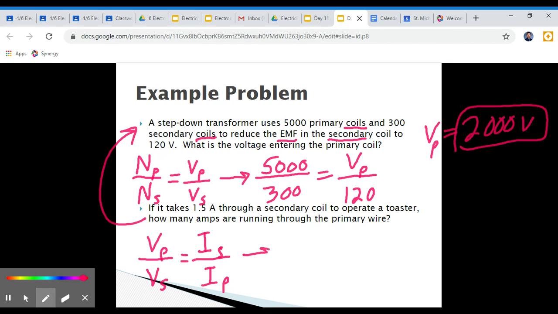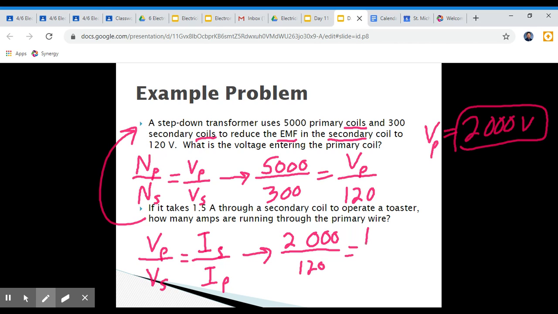So now I set that up and plug and chug, so I plug in all my numbers. I have that 2,000 volts that we solved for before over 120 is equal to, in my secondary coil, I have 1.5 amps, so that'll go on top here, divided by the current in my primary.